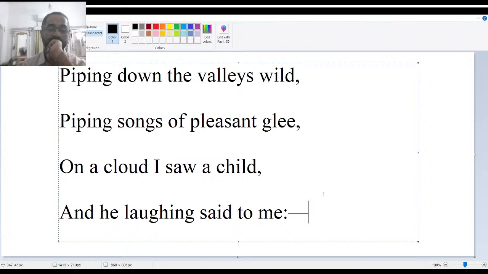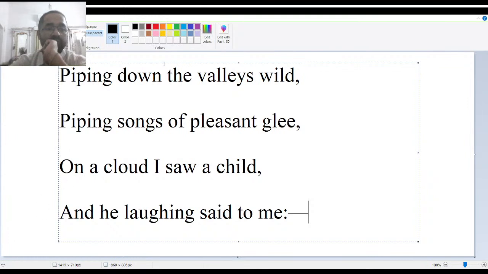So basically the same rhythm, same syllabic arrangement. 1 2 1 2 1 2 1. So all of you will remember that this is an example of trochaic rhythm.